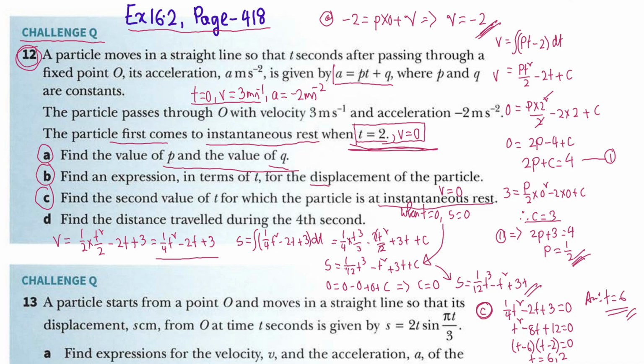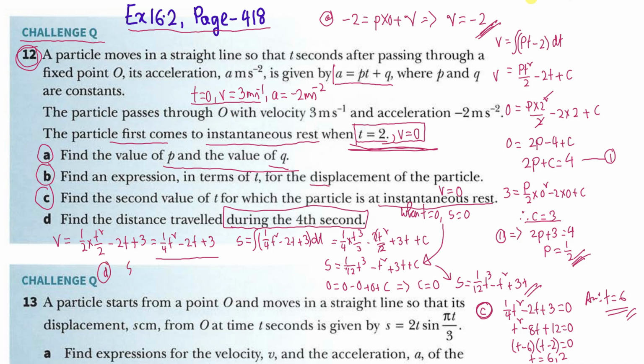Now we are moving to part D. Find the distance traveled during the 4th second. So we need to find out the displacement at 4 and displacement at 3, and the difference would give the answer. And velocity becomes 0 at 2, another velocity becomes 0 at the point 6. So we can go directly to the expression of s by putting the value, we would get the answer from there. Question number D I'm doing here.